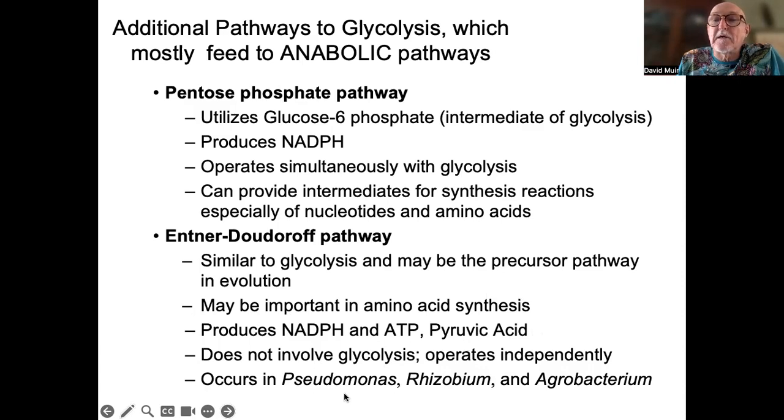And it's not tied to glycolysis at all. It can operate independently, and is characteristic of certain genera of bacteria and can be used as a discriminatory test in Pseudomonas, Rhizobium and Agrobacterium.